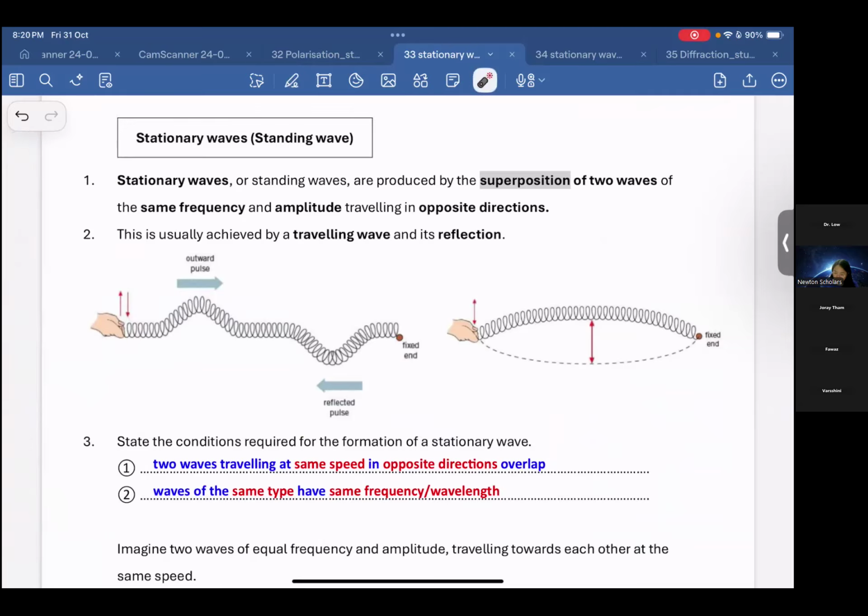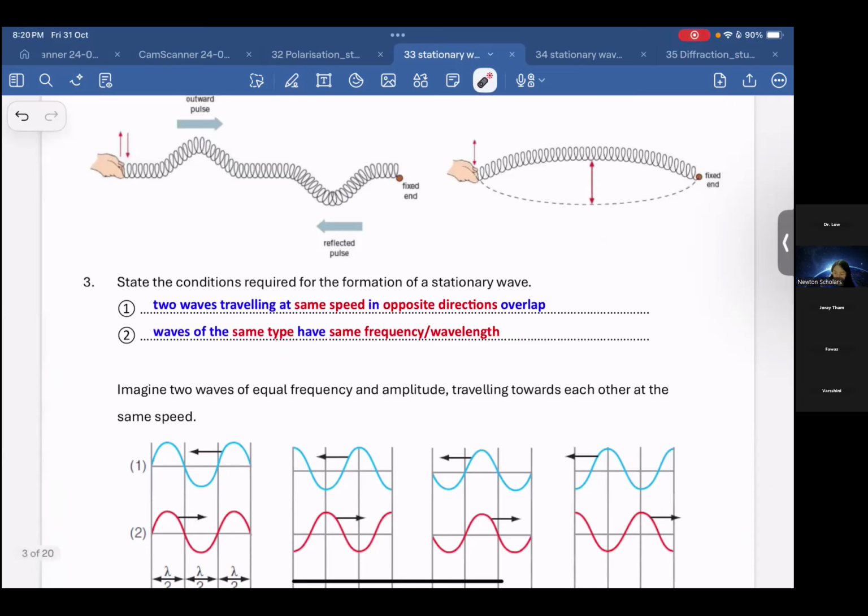A standing wave is formed by the superposition of two waves with the same frequency and same amplitude traveling in opposite directions. So it is the superposition of the traveling wave and the reflected wave, which meet each other. Here we set the condition. In past year questions, they like to ask how you form the stationary wave.